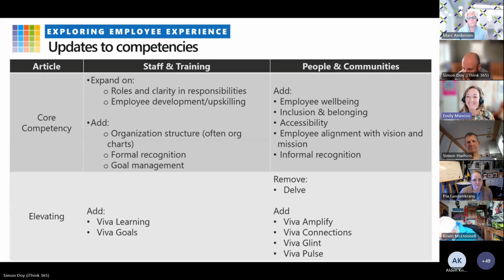Pia's hand is up. Pia, yeah. I would say I would not like to put these together. Because staff and training is the little square, the piece of the puzzle to put in to do work. As in people and communities, you're a people and you're learning from each other and you're talking and you have those relationships.